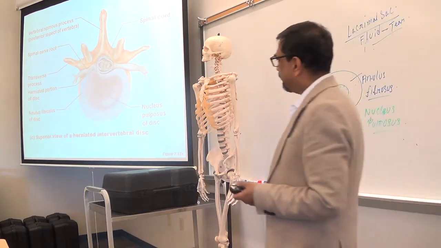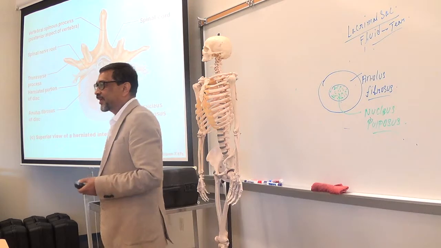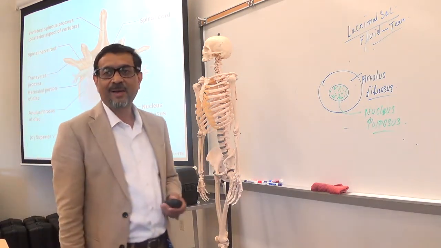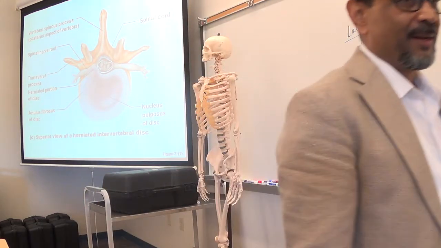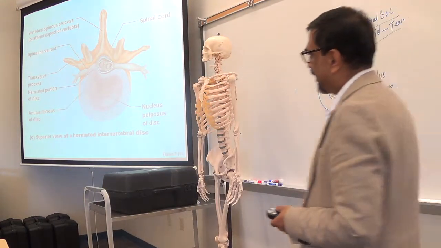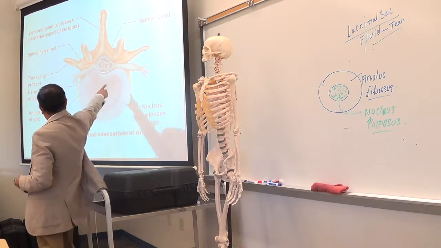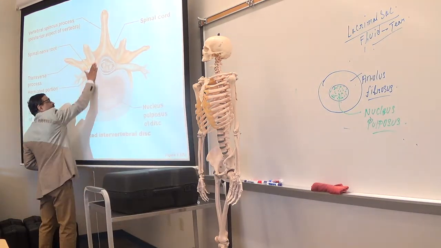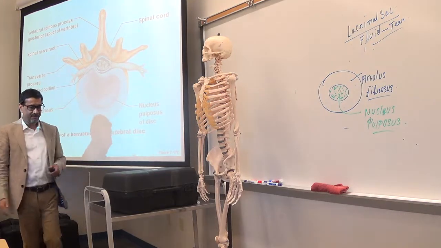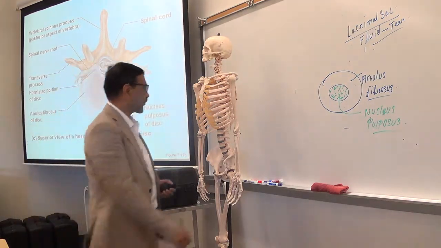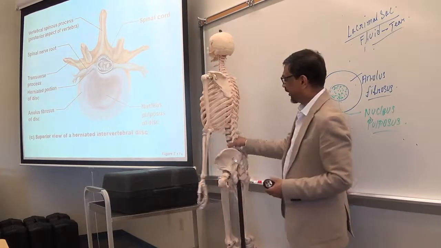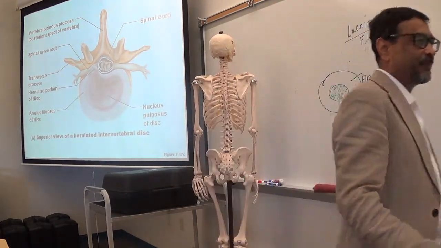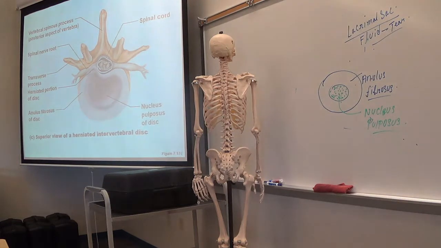Sometimes that intervertebral disc can slip away, slide out. Here, you see, in this side is normal. This side, part of it slipped backwards. Now the problem is, you see here, this is a problem.